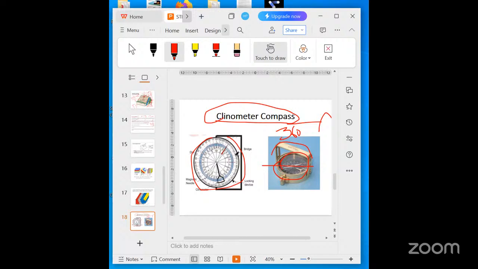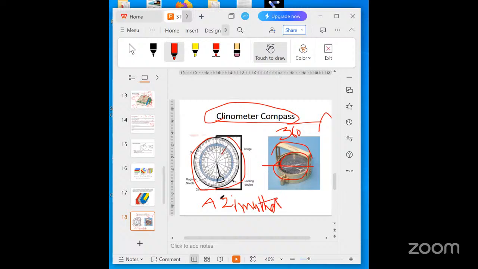So this circle is called azimuthal circle, A-Z-I-M-U-T-H-A-L.